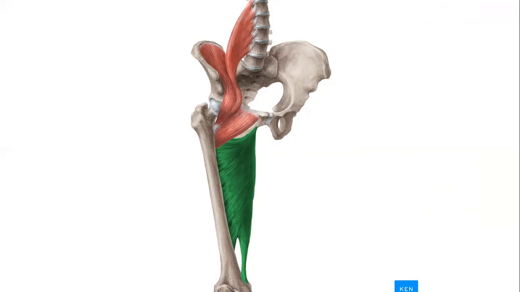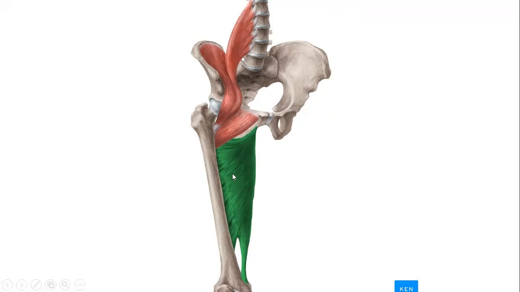The part that arises from the pubic bone is called adductor part, and the part that arises from the ischial tuberosity is labeled as hamstring part. So it has two parts, an adductor part and a hamstring part. Both of these parts get attached on two different distal attachments.